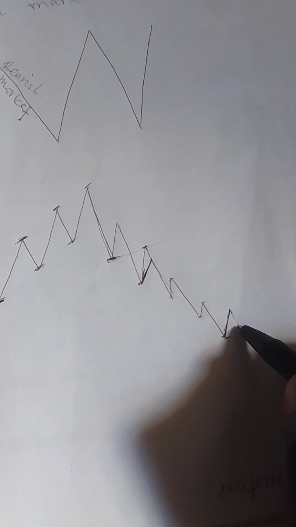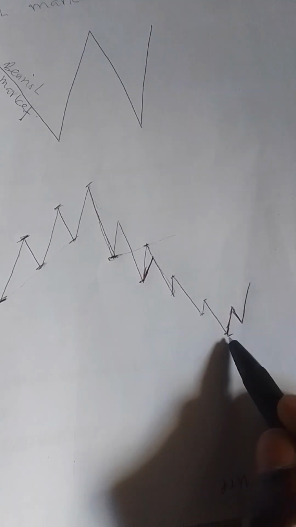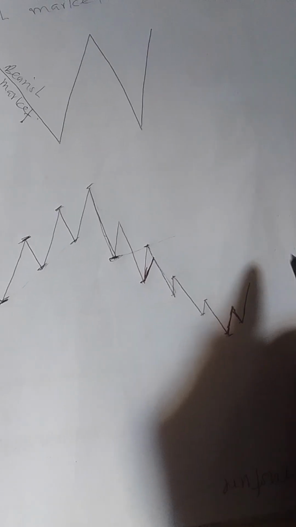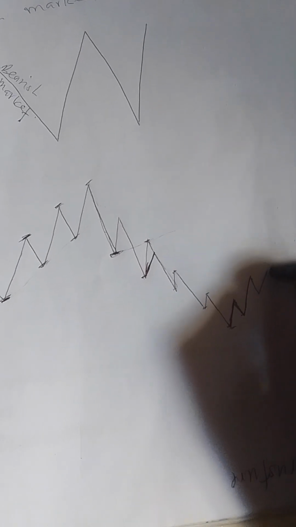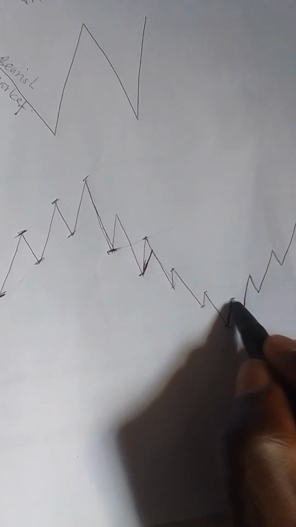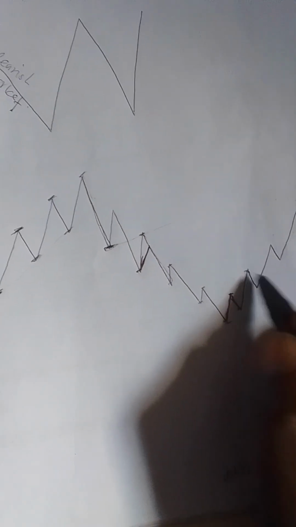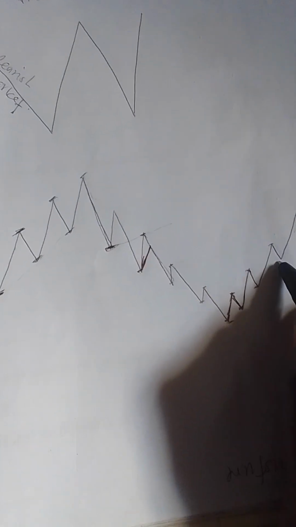It reaches somewhere there, then starts going up again. It has not reached this point, it just reached here, then started going back. So this market has started going back up. It will move again in that form, going upward. So you will have upper, lower, lower, lower, upper, lower, lower, lower, as the market continues.